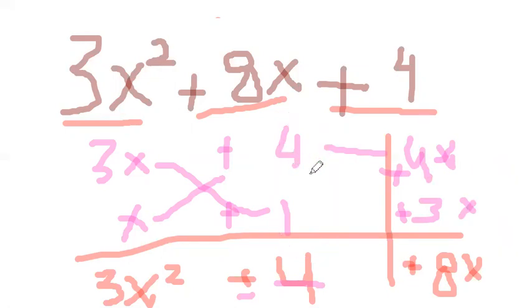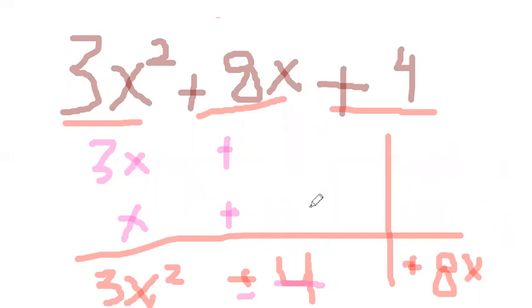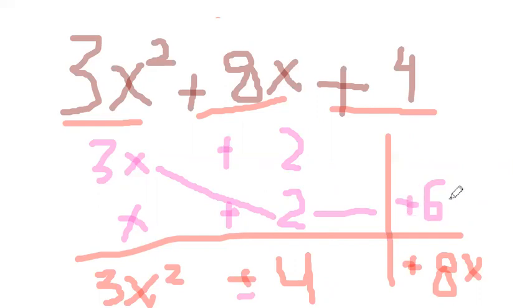We will have to use different numbers, the product of which is 4. Let's use 2 times 2 is 4. So now let's check it, applying it the cross way. 3x times 2 is 6x positive. x times 2 is 2x.